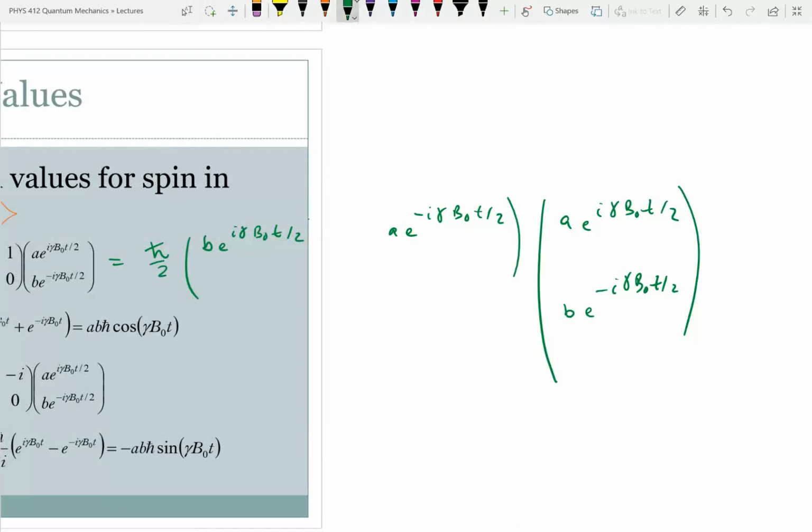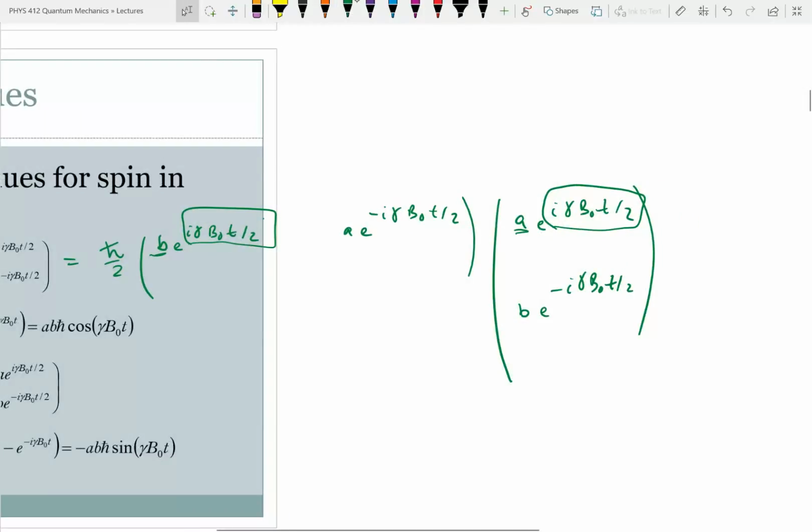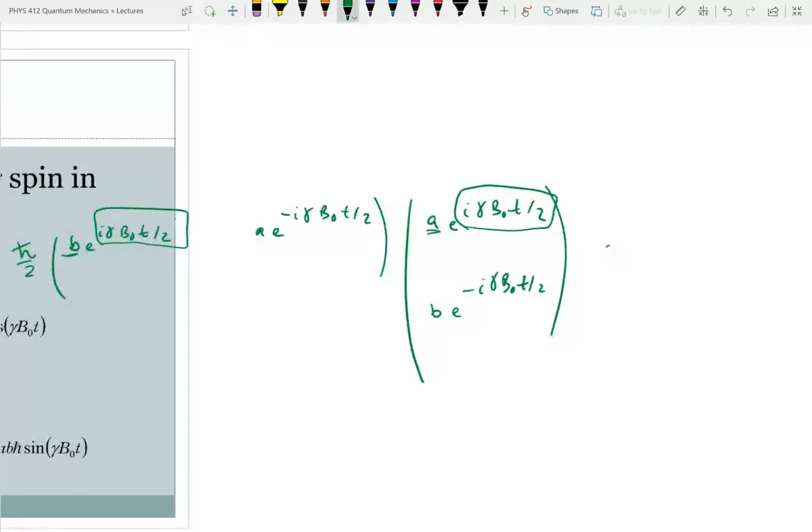So now we just have to multiply these. We're going to have a times b. Both of these have the same exponent. And so when I multiply the first term, notice the over 2 disappears because I had e to the i gamma B0 t over 2 times e to the i gamma B0 t over 2.